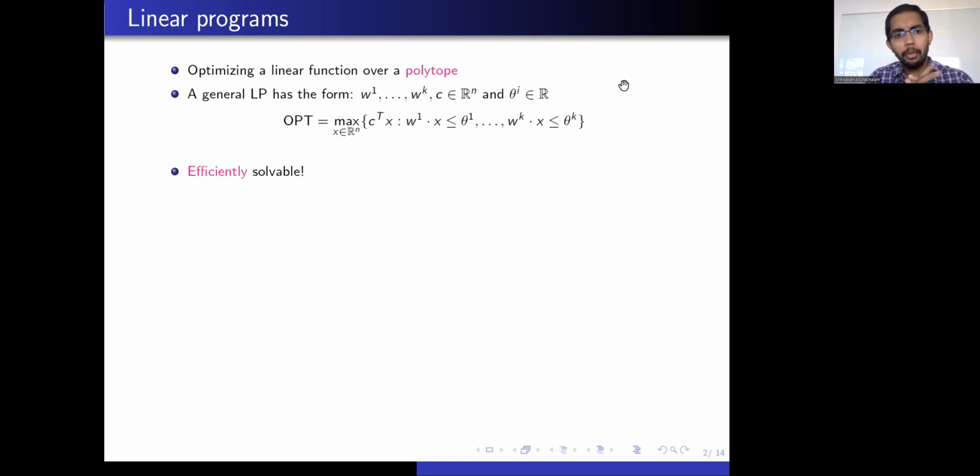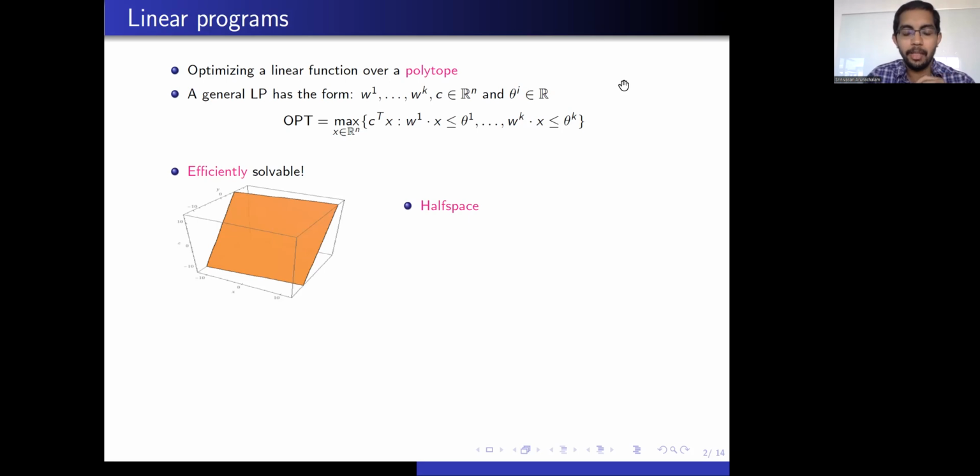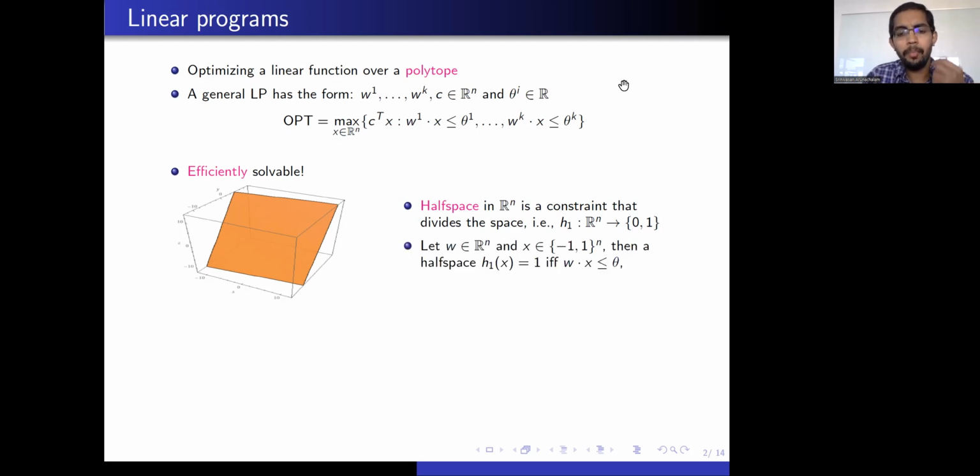Let me break down this linear program into slightly simpler objects to understand the feasible region of a linear program. First is the concept of a half space. So what is a half space? A half space is just a constraint that breaks down R^n into two pieces, a 0 region and a 1 region. A half space is defined by a vector W, think of W as a vector in R^n, similar to above.